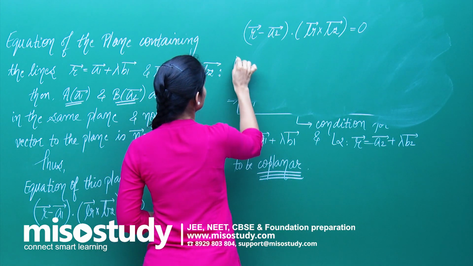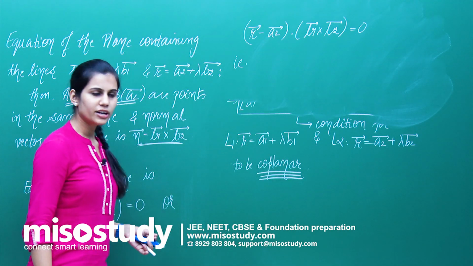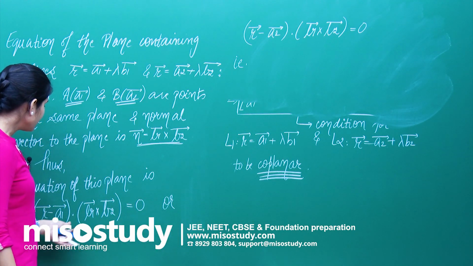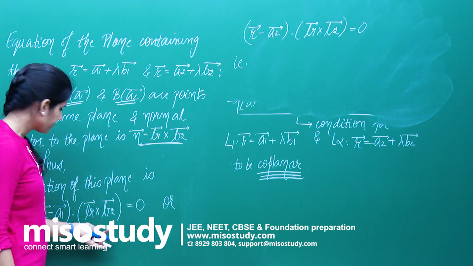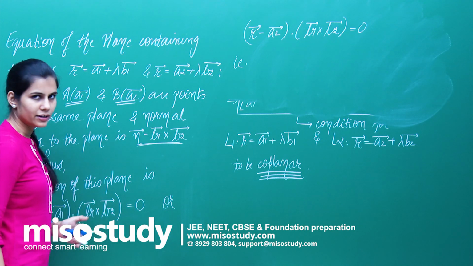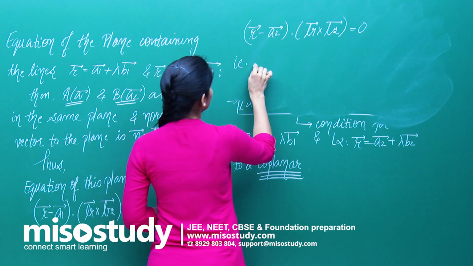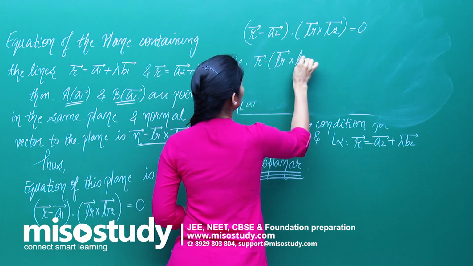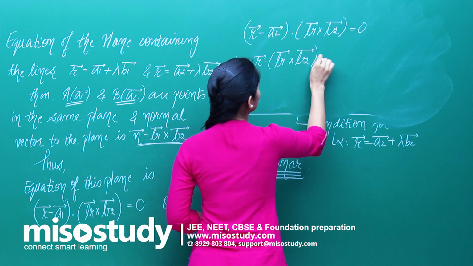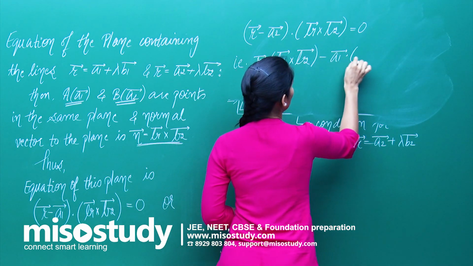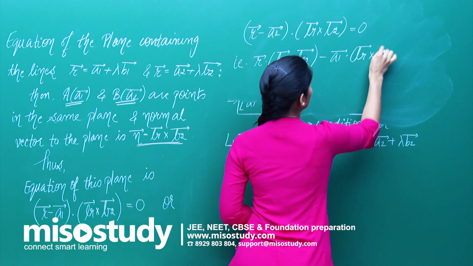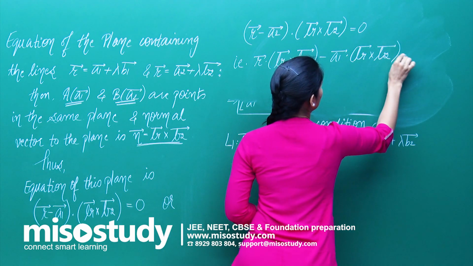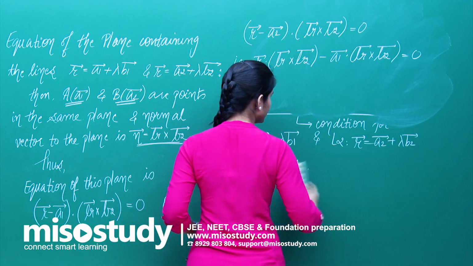That is, if I write it in a much more elaborative format, this is r dot b1 cross b2 minus a1 dot b1 cross b2 equals 0.